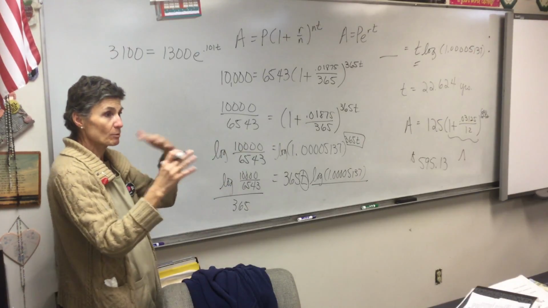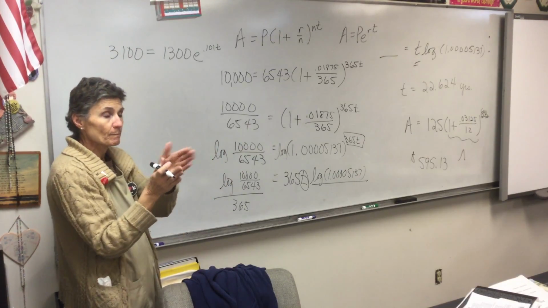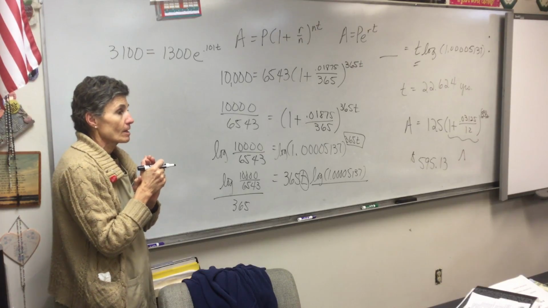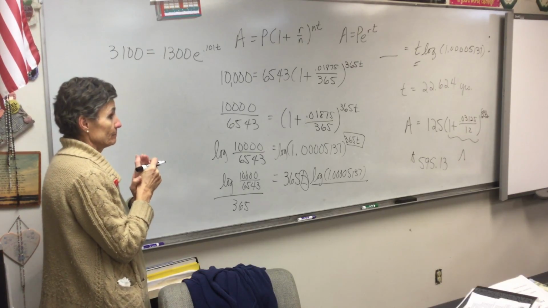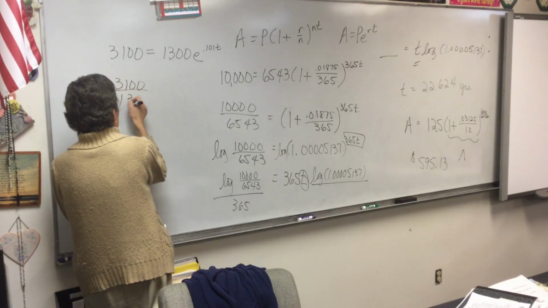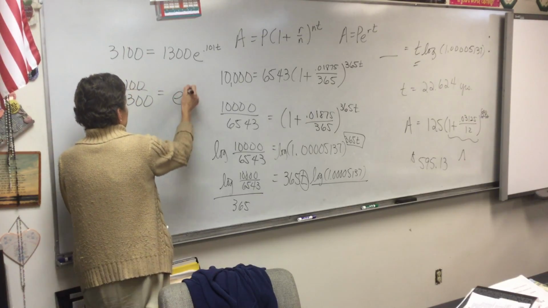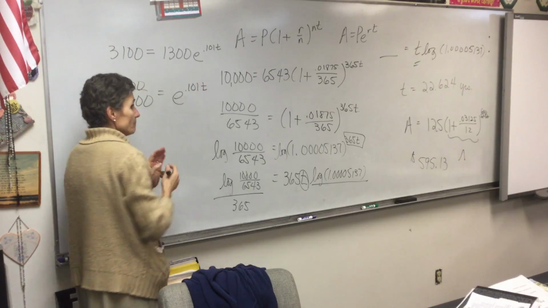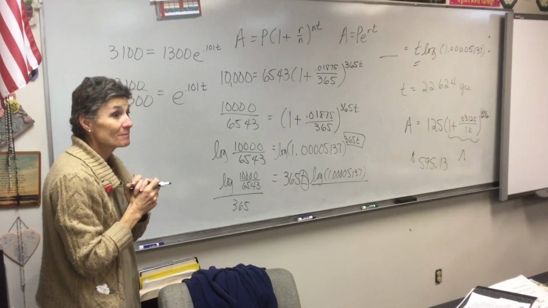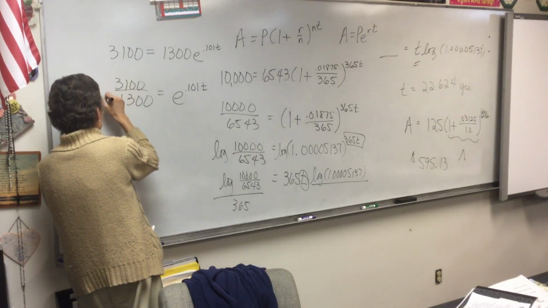Do all those numbers make sense where I put them? Yeah. Now, step 1, divide. So you're going to have 3,100 over 1,300 equals e to the 0.101 t. Now what? ln both sides.